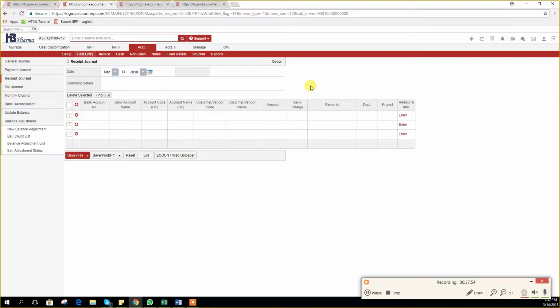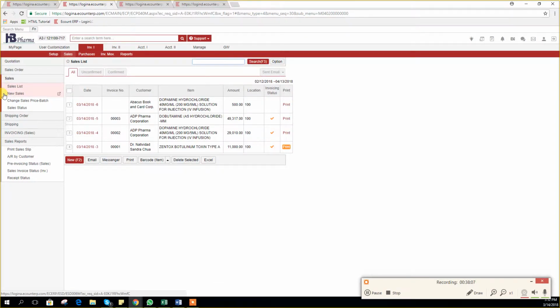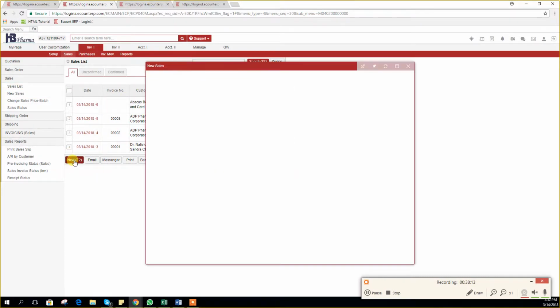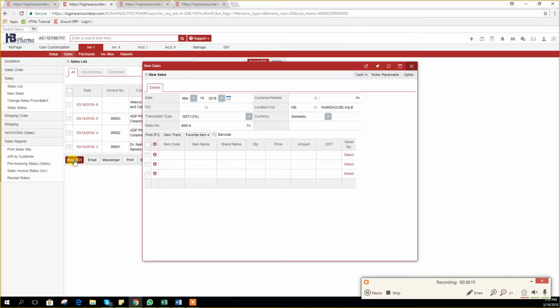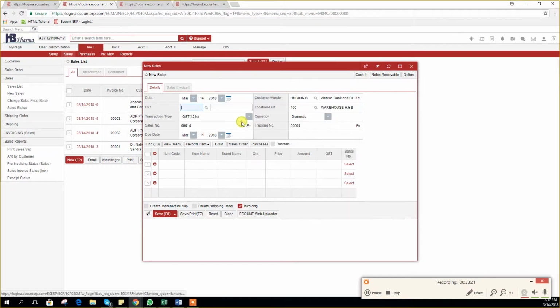So how do we deduct that liability account when we ship out the goods? Okay, now we can go to sales because we are doing the shipment now. So now we go to sales, create new. Who is the customer? Basker's card.